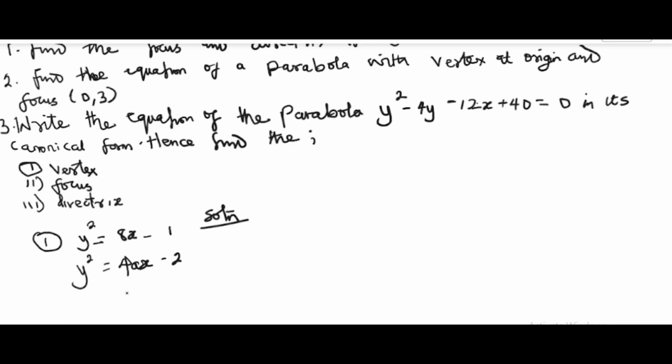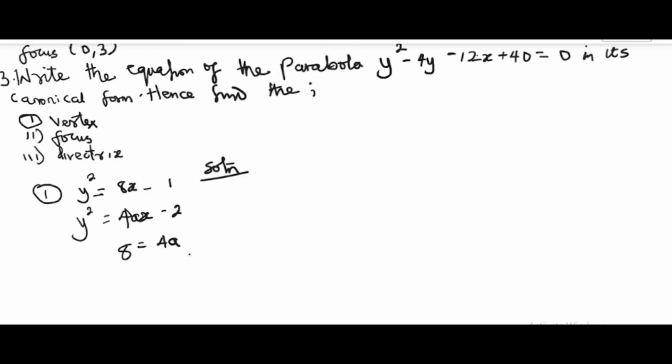It means that 8 is equal to 4a, right? Okay, so if 8 is equal to 4a, we're looking for a. Your a is your focus. So if you divide both sides by 4, a is equal to 2.